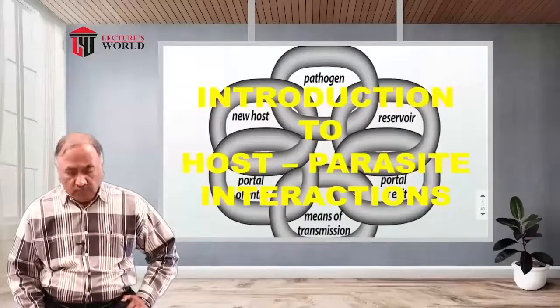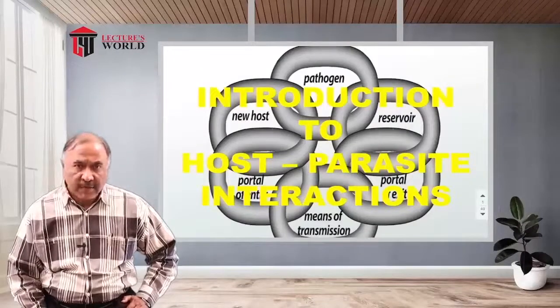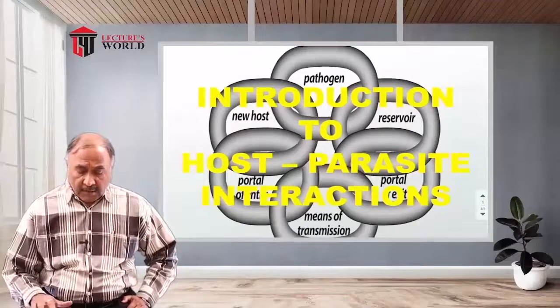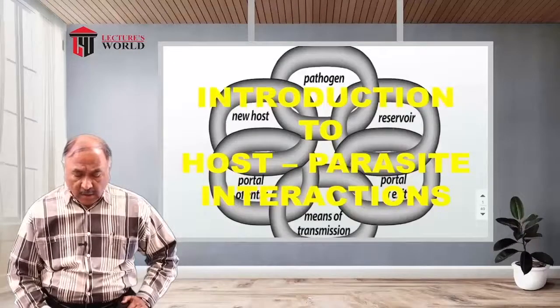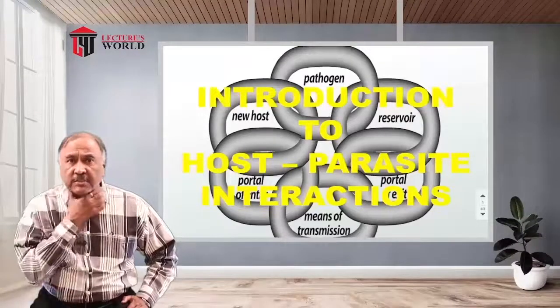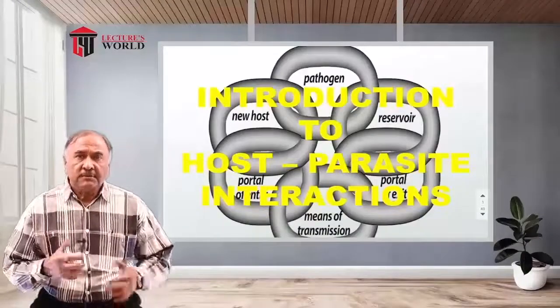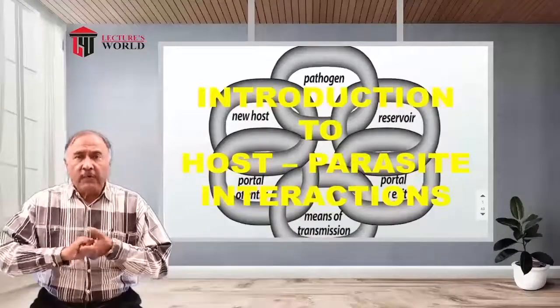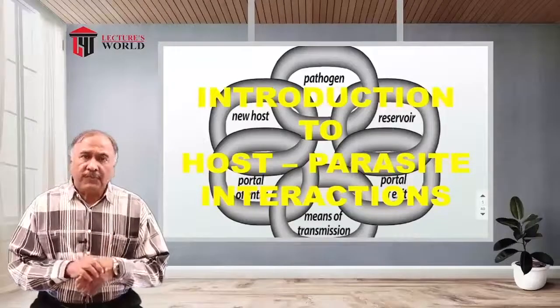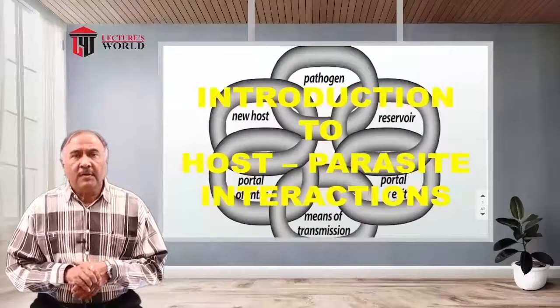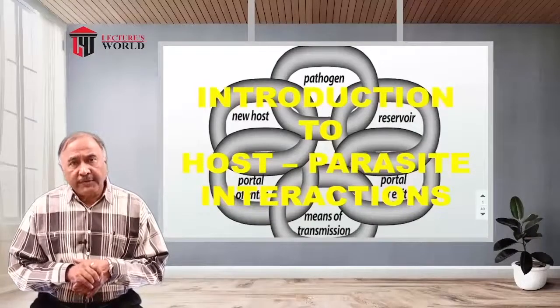Now, when we come to introduction to host-parasite relationship, this particular slide shows 6 chains linked together, one by another. And this represents the 6 stages of how a disease cycle would take place.